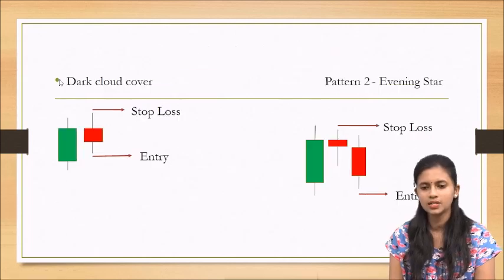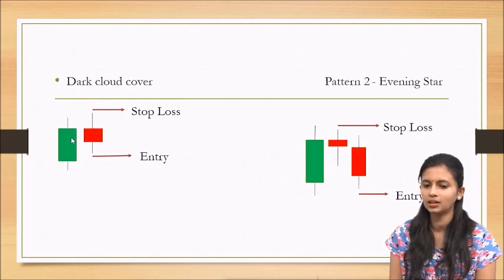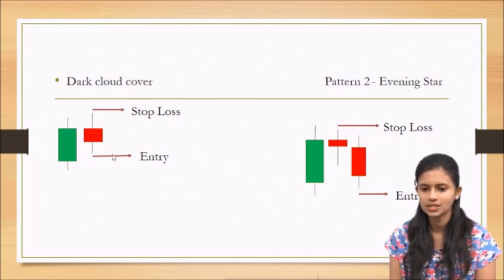So the next reversal pattern is dark cloud cover, that is you will have a big green candle and then a red doji. So your entry will be just below the low of this candle and the stop loss will be just above the high of this candle.